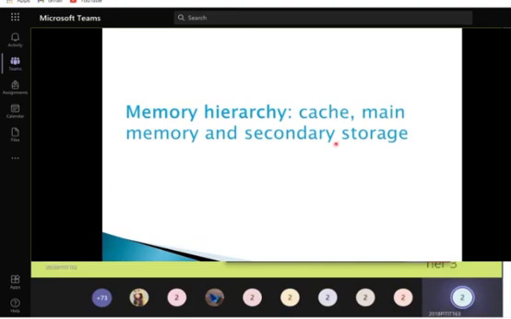So under this memory hierarchy, we talk about cache, main memory, and secondary storage.